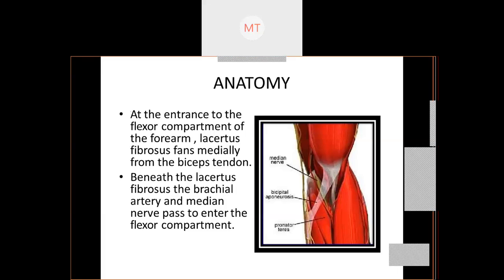There is one thing you can see on the monitor, that is the bicipital aponeurosis, which is extending and coming medially, beneath which you can see the median nerve and radial artery. That white fibrous thing is known as the lacertus fibrosus, or the extension of your bicipital aponeurosis. So this thing you should understand.